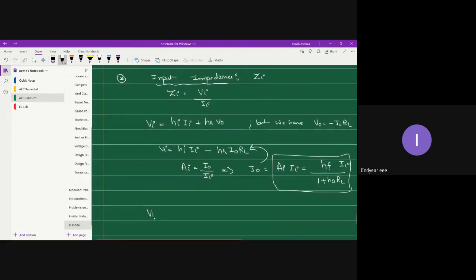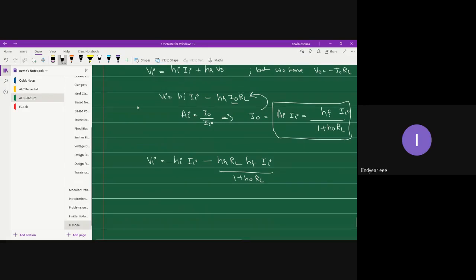So we get Vi is equal to Hi Ii minus HR RL, and in place of I naught, let's place this expression, HF into Ii divided by 1 plus HO into RL. I hope you understood the trick now.